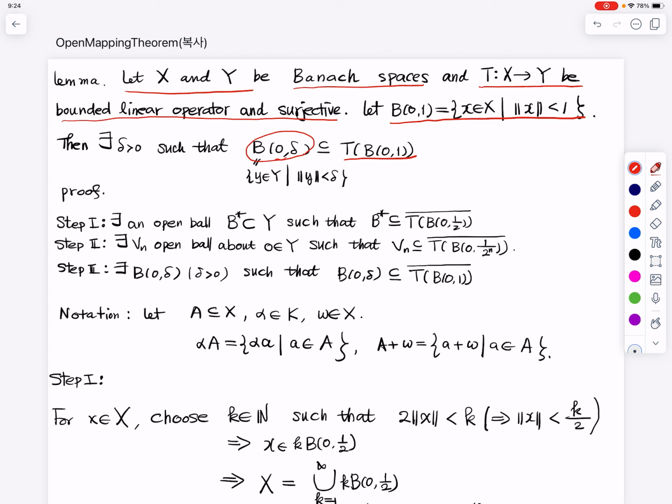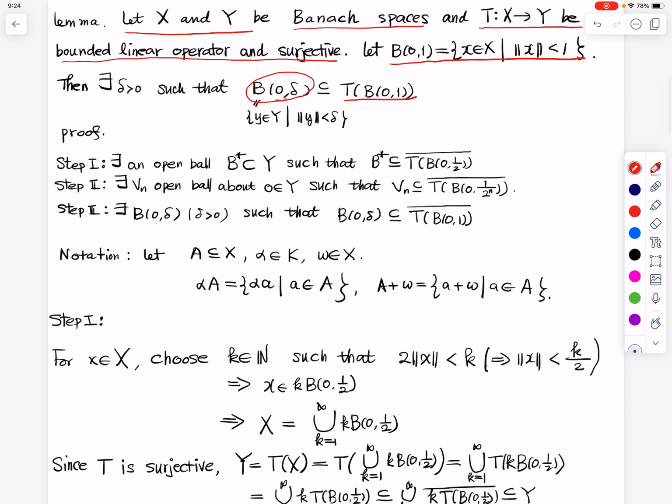The proof of this lemma has 3 steps. In the first step, we want to prove that the closure of T of B(0, 1/2), the open ball centered at 0 with radius 1/2, contains an open ball.